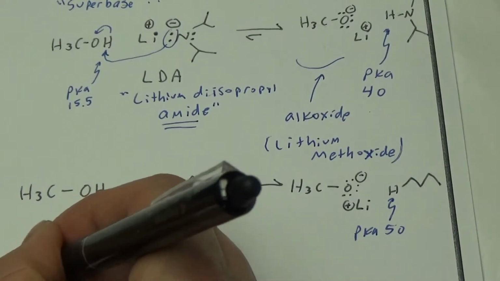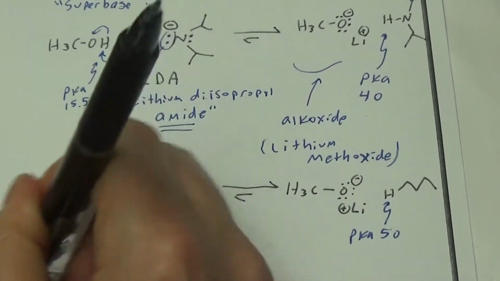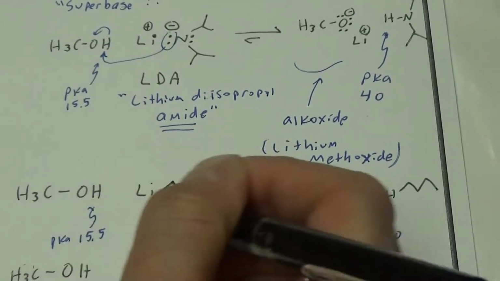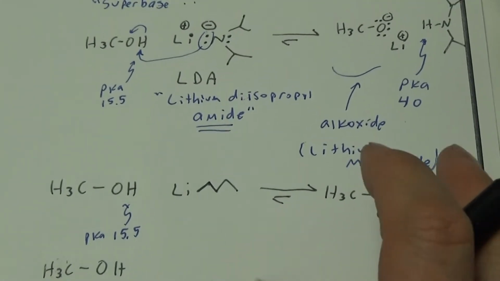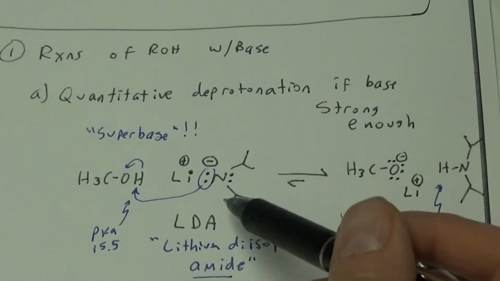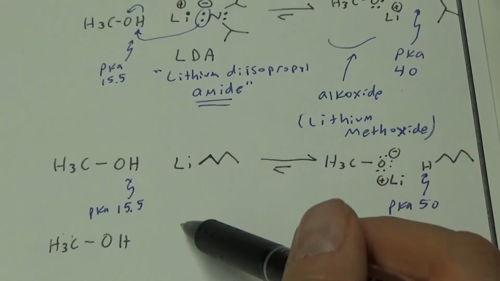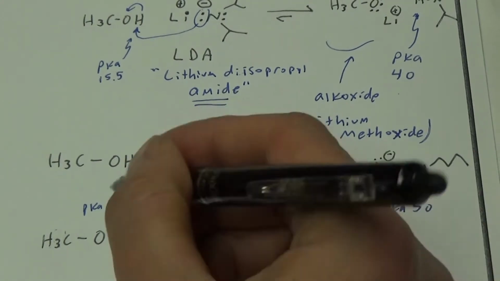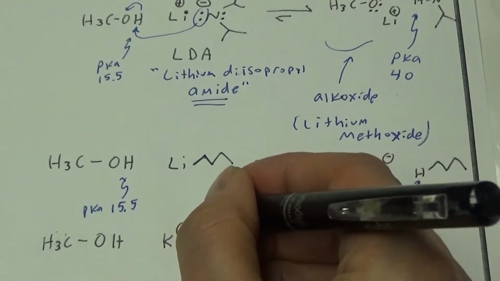Let's just do one more example. Another hydride reagent. None of these are hydride reagents. This is like a diisopropyl amide. This is a carbanion. But we did talk about hydrides as super bases, and we'll use KH, K plus, H minus.